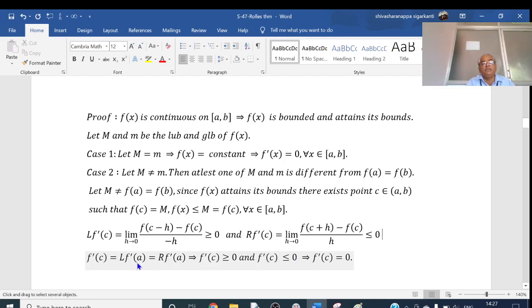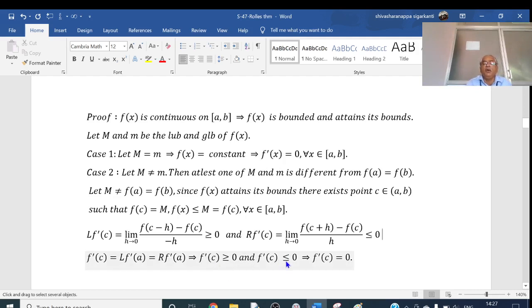These two must be the same. Left hand derivative is equal to the right hand derivative. What is the left hand derivative here? It is greater than or equal to 0. What is the right hand derivative? It is less than or equal to 0. So f dash is greater than or equal to 0 and f dash is less than or equal to 0.